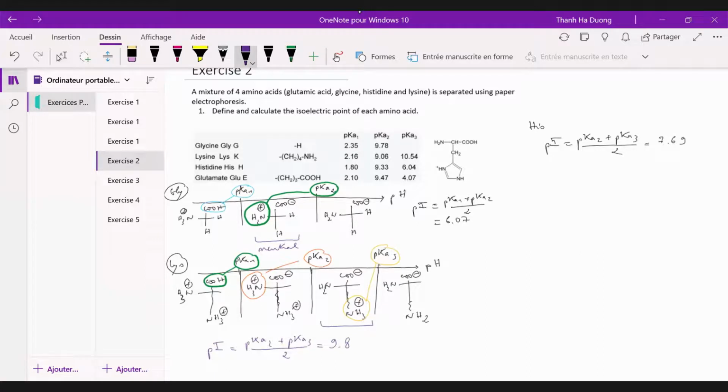Last example, I hope you will understand with the last example if you did not. So the pI for glutamic acid, you have 3 pKa. So we have to order the pKa values. The first one is pKa1. The second one is pKa3, and then pKa2.